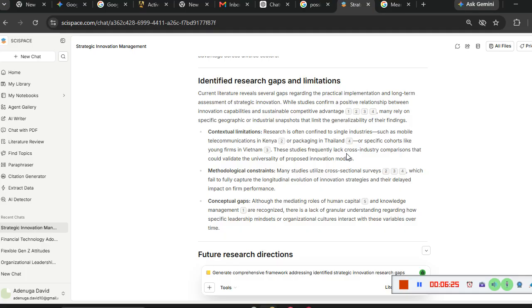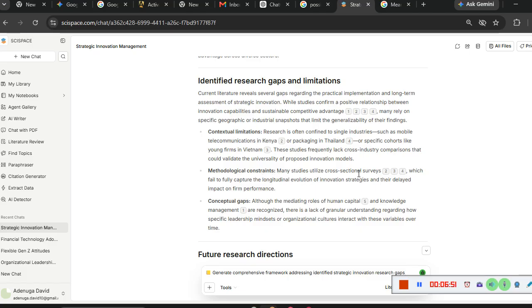These studies frequently lack cross-industrial comparison. So there is no cross-industrial comparison, maybe studying the telecommunication industry, or manufacturing industry, or healthcare industry, and no such study has been carried out. So it says then methodology constraint.